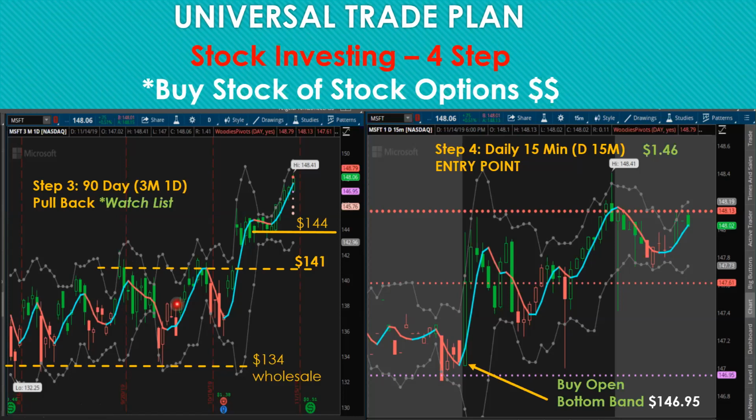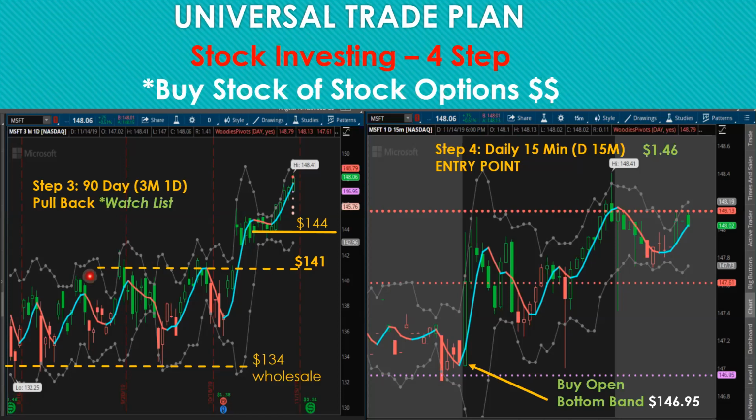What this is telling me is that anytime it hits 134, I want to buy. Anytime it hits 134, I want to buy, because every time it hit 134, what does it do? It pushed back up. Okay, Microsoft hasn't hit 134 yet again, but what it has done is hit here, which is the 141.